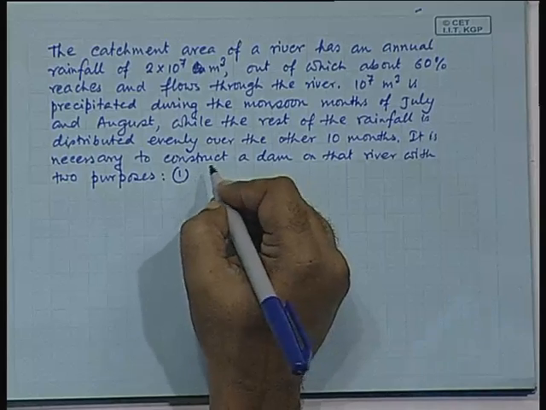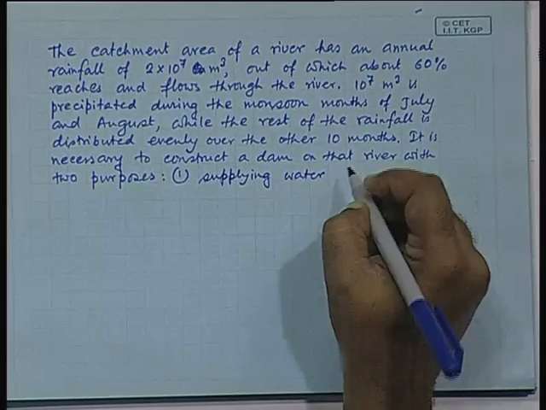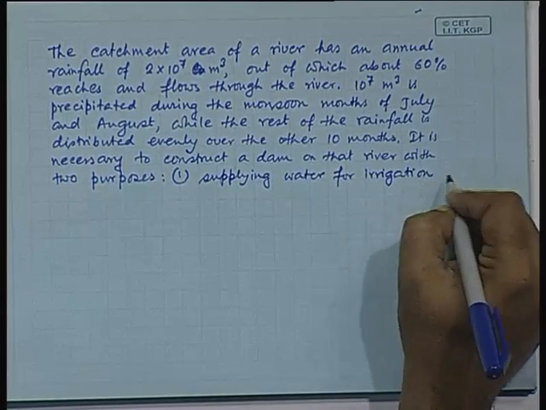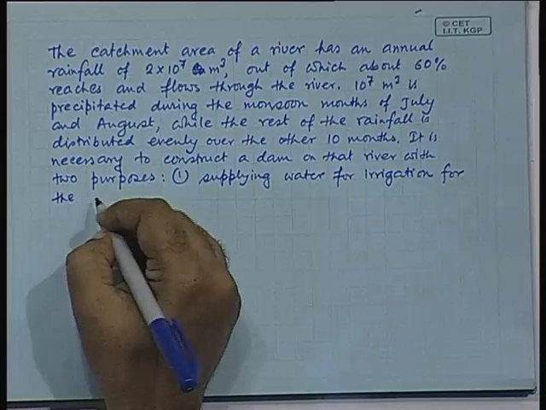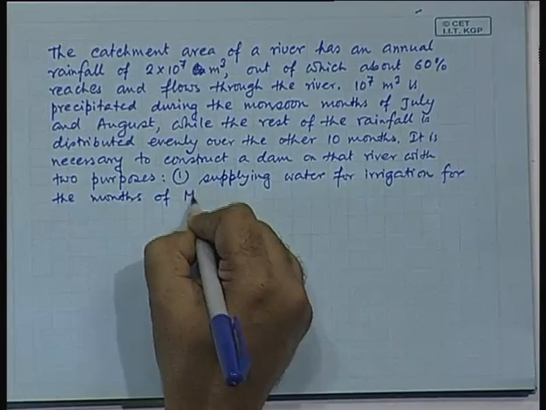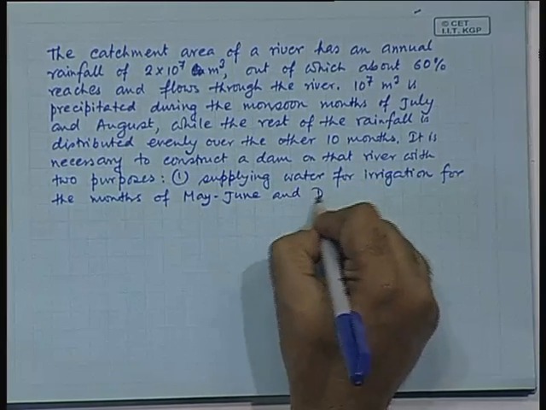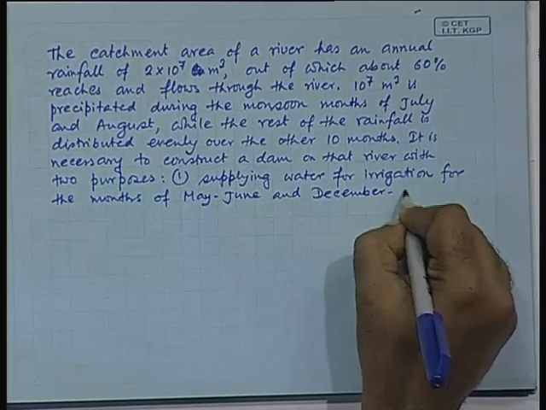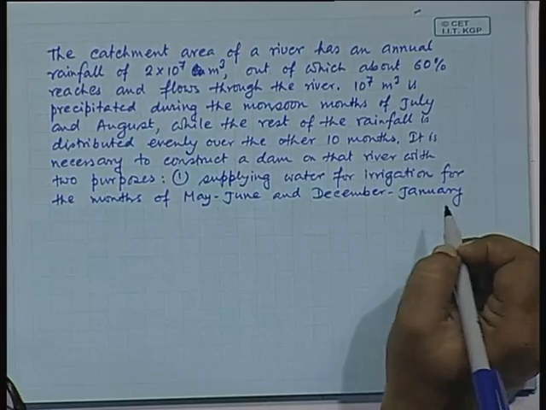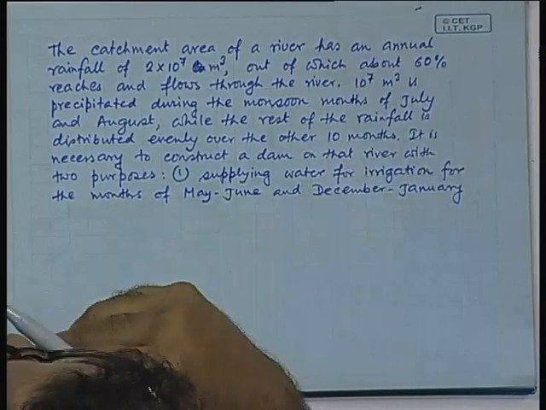One, supplying water for irrigation for the months of May, June and December, January. Okay. Why are these two times? As you know, May, June and December, January are cropping seasons in which there are standing crops. If there is no rain, you have to supply water.